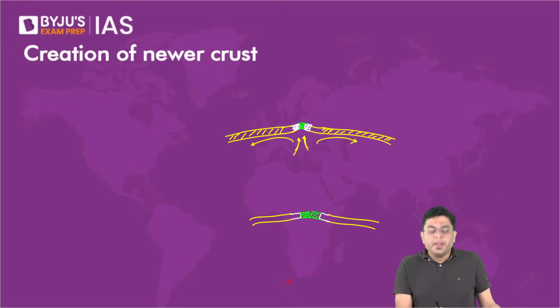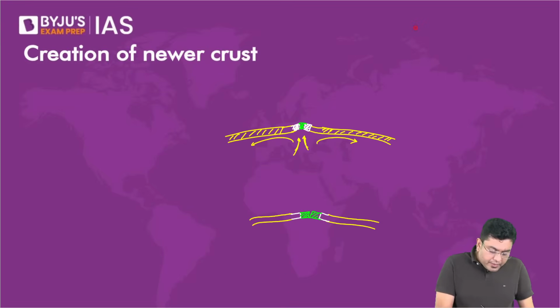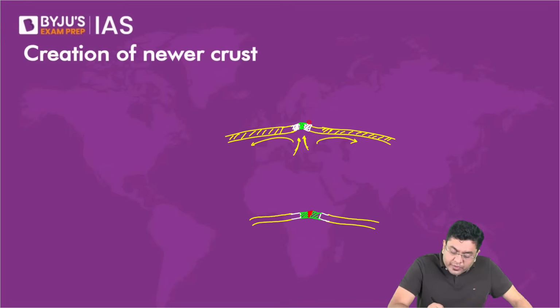Isn't it? Then again after that, fresh eruption will take place. And again after that, let's say newer crust will get created. So like this, what do you observe? The crust which was created here has been pushed to the side, and the crust which has been created here has again been pushed to the side.